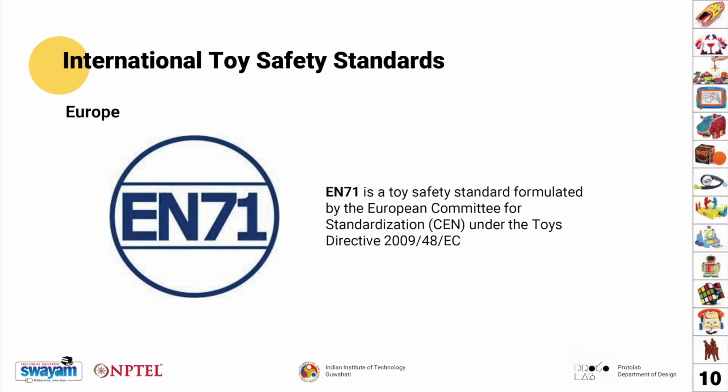ASEAN also refers to the European Union as a model to enhance toy safety development and develop a directive or policy on toy safety to facilitate the free movement of toy products.